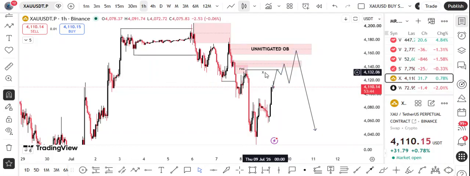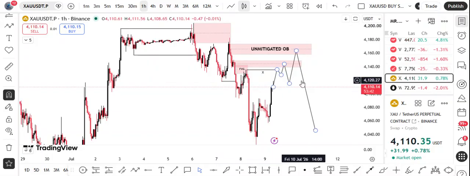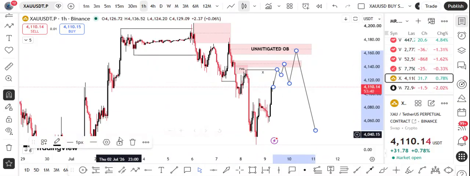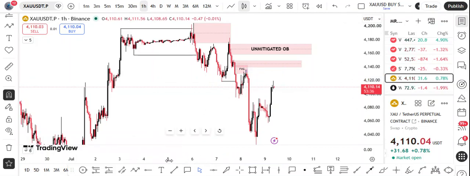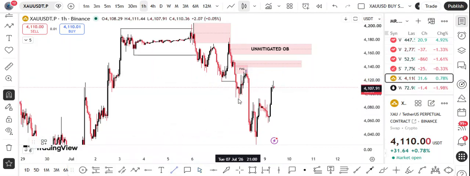First of all, we have another break of structure to the downside, so we don't take this for granted. Now looking at the zone, we're looking at this as a break of structure to the downside also. Then above it, what do we see there?